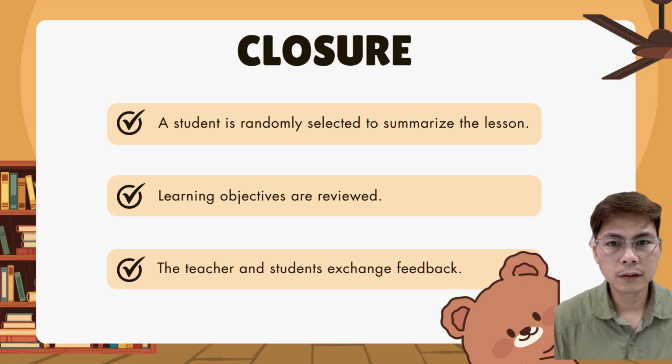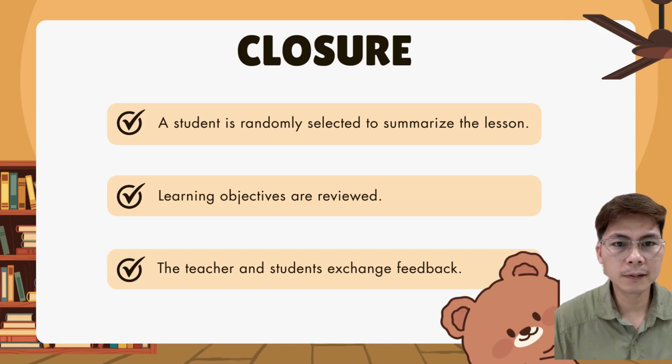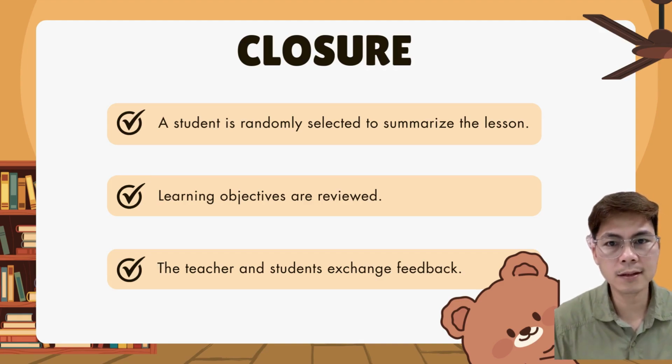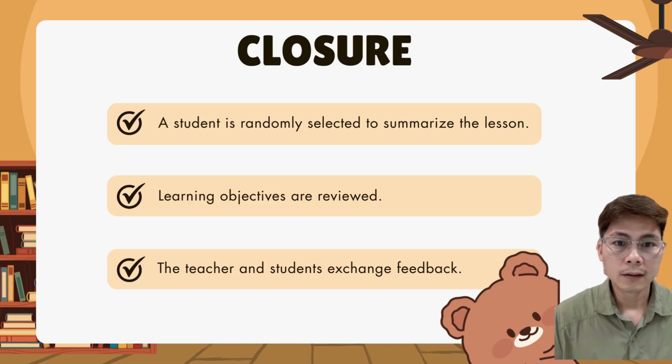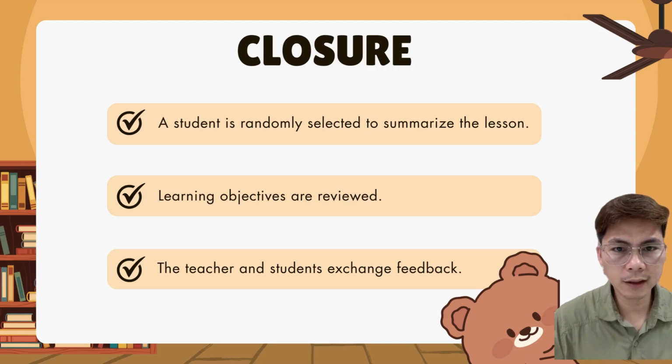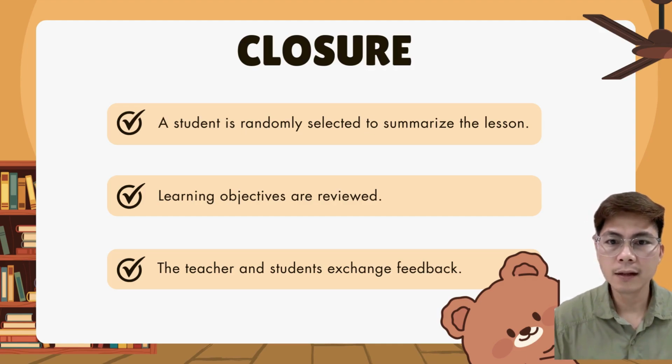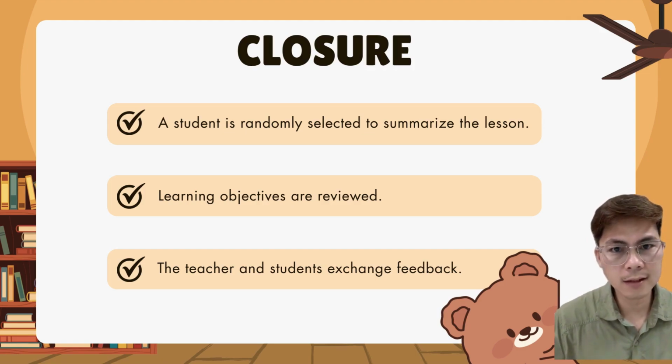During the closure, one student is randomly selected to summarize what they have learned. This helps the teacher assess student understanding and reinforce key points from the lesson. The teacher then reviews the learning objective with the students and asks sample reflection questions, such as what did we learn today?